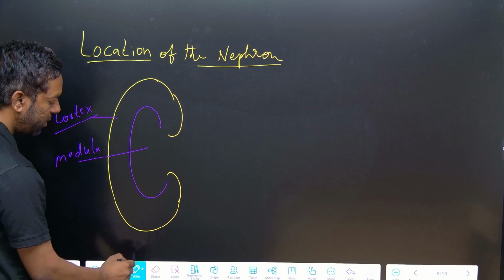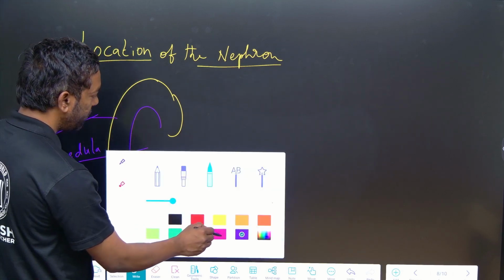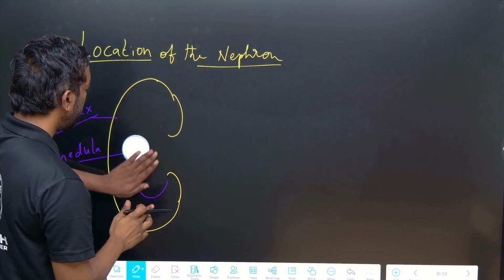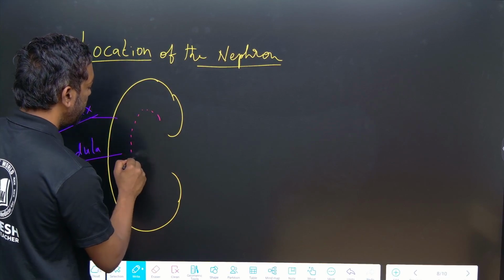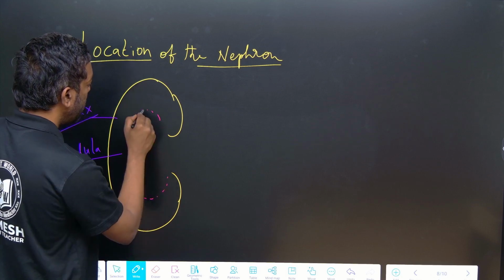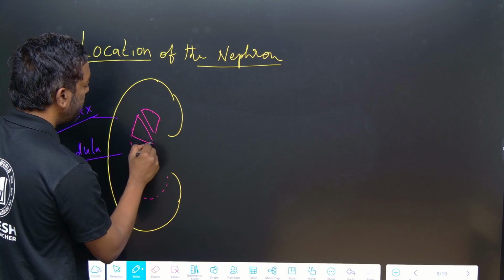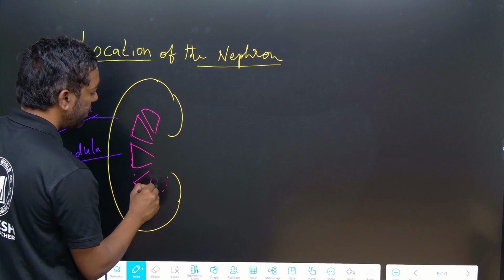The medullary region has projections, we can call medullary nephrons, medullary pyramids.